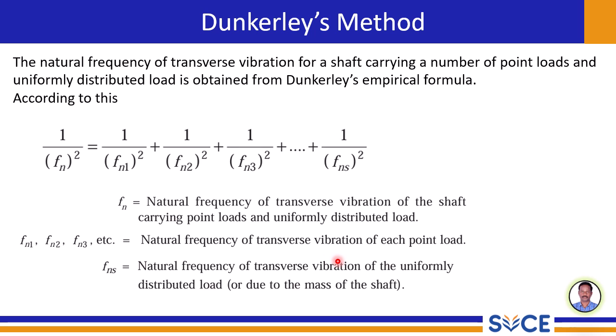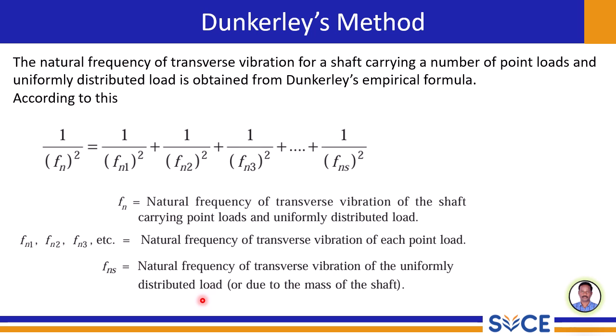We would calculate these frequencies by considering each point load separately. At last, fns represents natural frequency of transverse vibration due to uniformly distributed load, which could be the mass of the shaft itself.